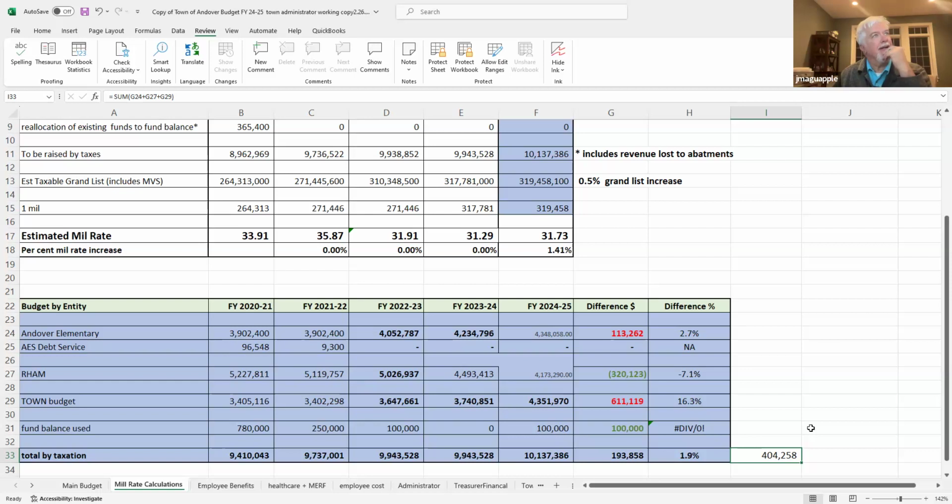If I just take the top three, the difference between Andover Elementary, the RAM and the town budget, I get 404,258. Right, me too. Subtract 100,000 from that, you get 304. Yeah, exactly. And so I don't understand how the number, maybe this number is wrong.